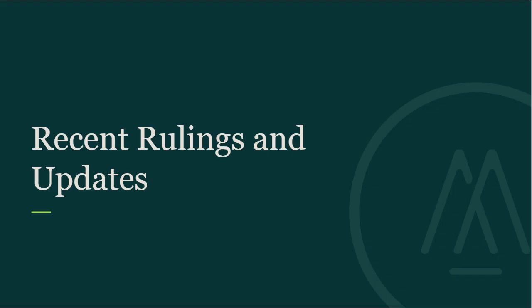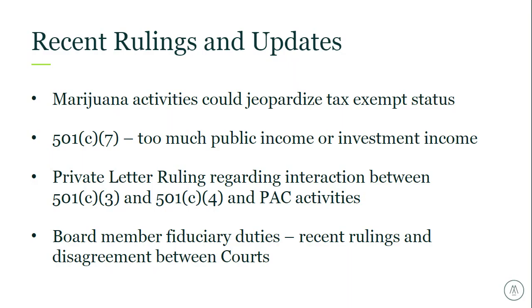All right, and just a brief touch on recent rulings and updates as to what has happened, what the IRS has ruled on, and what they are looking at. So they have looked at marijuana activities. More and more states are making it legal now, so they wanted to make sure to clarify that under federal law, it is still not a legal activity, and therefore marijuana activities could jeopardize tax-exempt status.